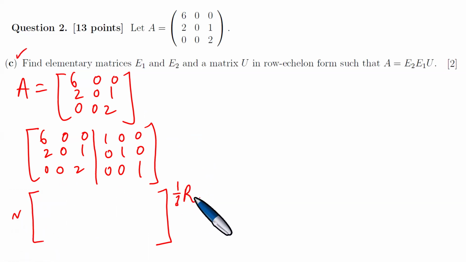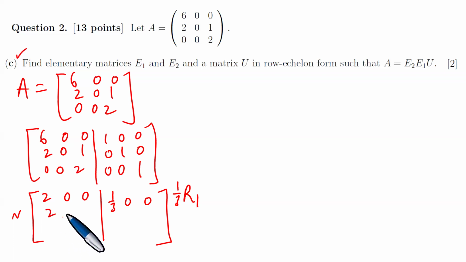So it's going to be row 1: 2, 2, 0, 0, 0, 0. And this one is going to be 1/3, 0, 0. Let's just do that only for now. And then this one: 2, 0, 1, 0, 1, 0, 0, 0, 2, 0, 0, 1.